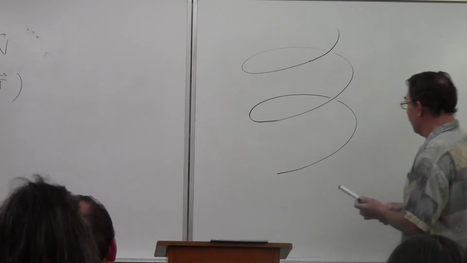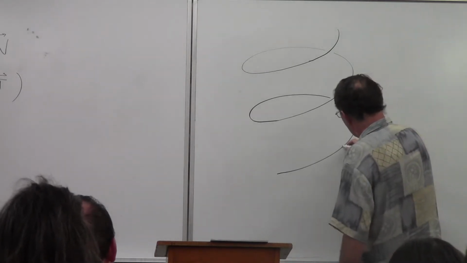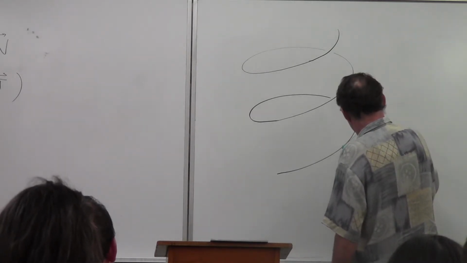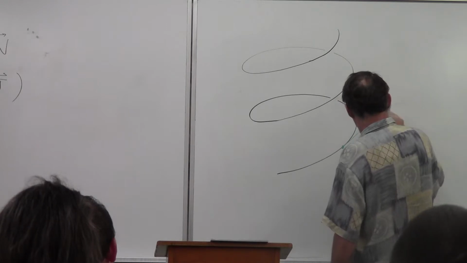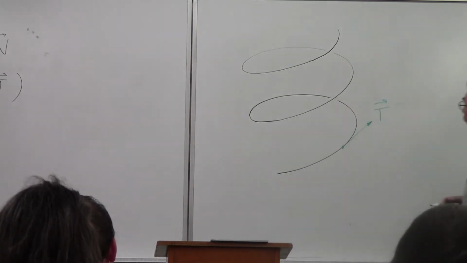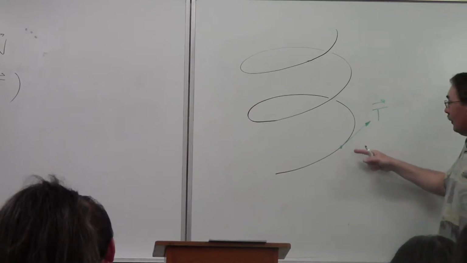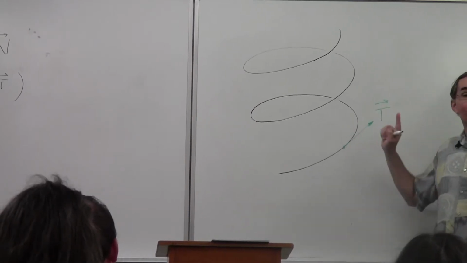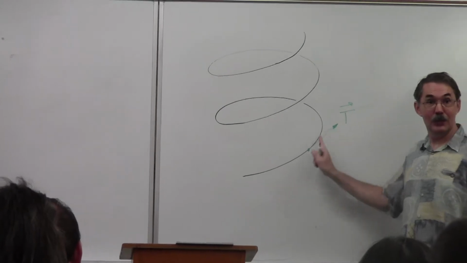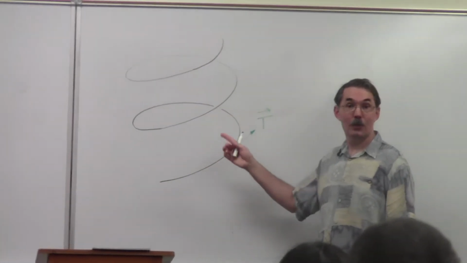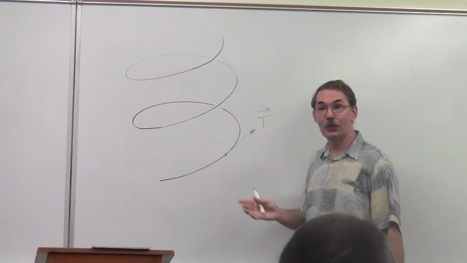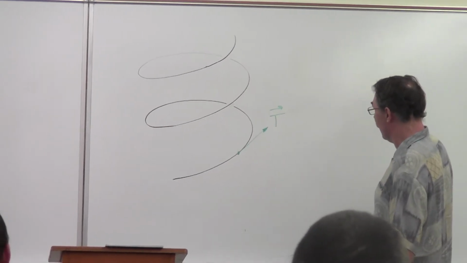You can do the same thing. At each point, you can draw the unit tangent. Now I can't draw a unit normal, because it would have to be a unit vector perpendicular to this tangent vector, but there are many of those, so I would have to make a choice. There's no obvious choice, at least at first sight.